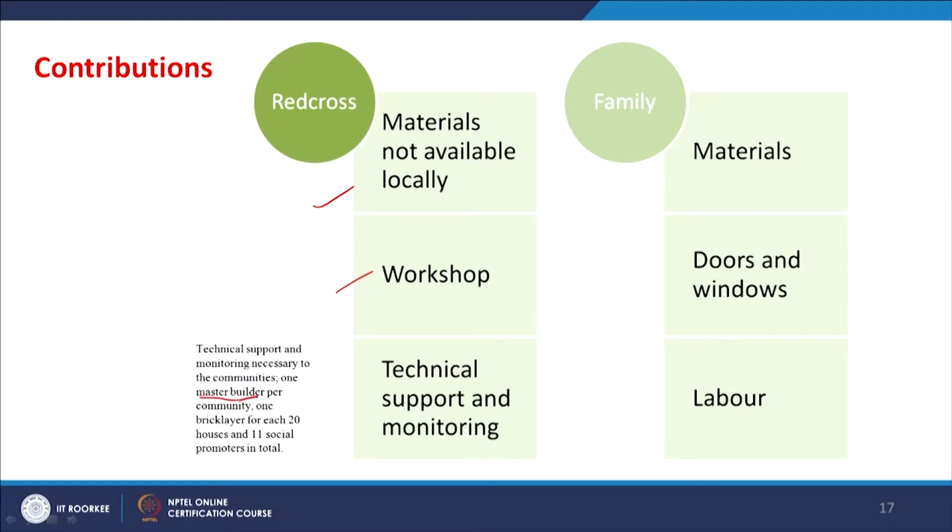For each community, they gave one master builder, one bricklayer for each 20 houses, and 11 social promoters in total for the whole 582. The families provided materials like gravel and sand, and also the doors and windows, and they also provided labor, which got training later on.